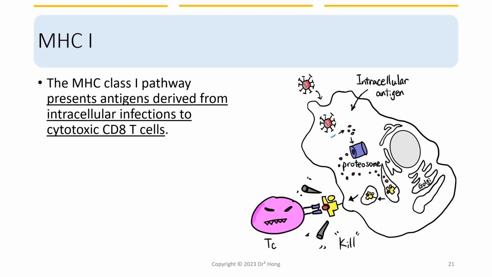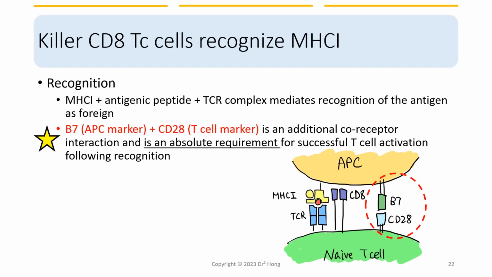Remember, all these presented antigens are in peptide form, very important. They are presented to cytotoxic T cells, and once these abnormal peptides that are not from within the body are recognized, the T cells carry out the killing action. Now let's take a deeper, detailed look at how killer T cells recognize MHC class 1 and the antigen that is presented.